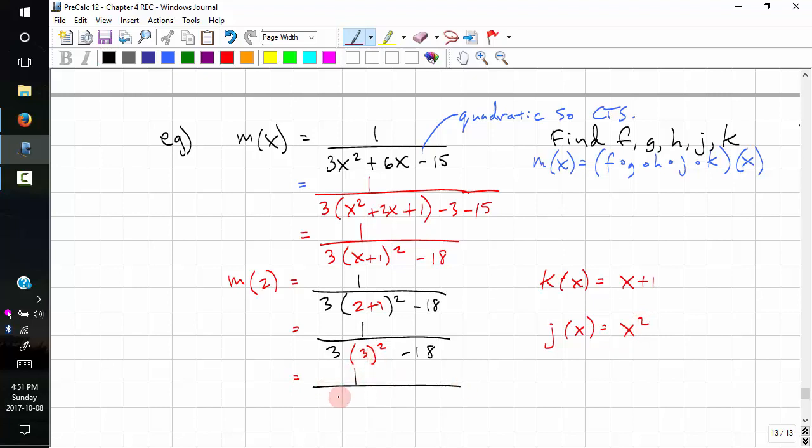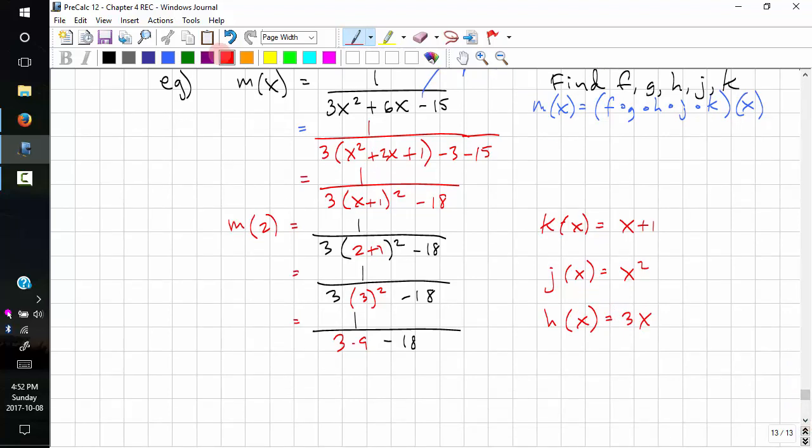And our next step, 3 times 9. That means our h of x equals 3x. And we have 27 minus 18. So our g of x is x minus 18.